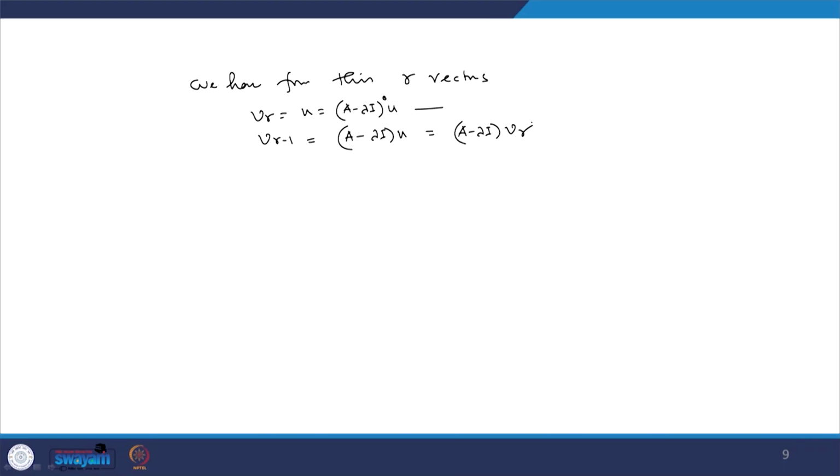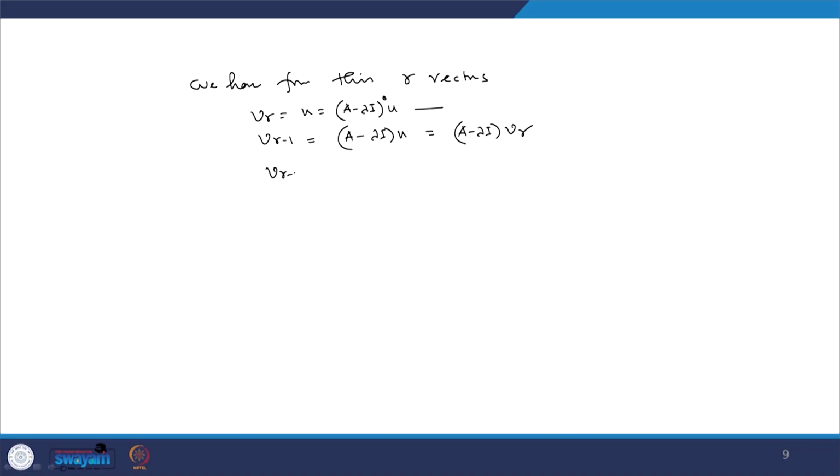From these R vectors, we have Vr equal to U, equal to (A − λI) power 0 operating on U, and Vr−1 we have defined as (A − λI) operating on U. So, I can write (A − λI) operating on Vr, so Vr−1 is related to Vr like this.